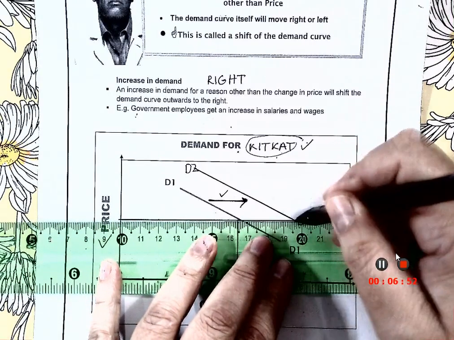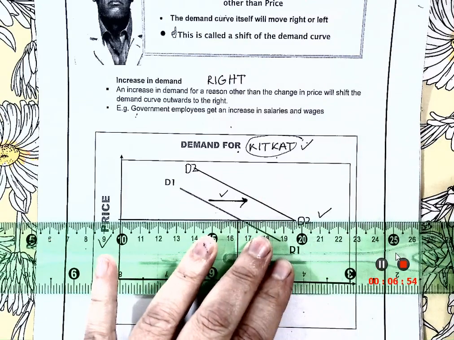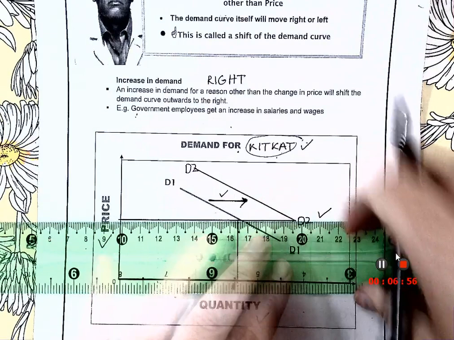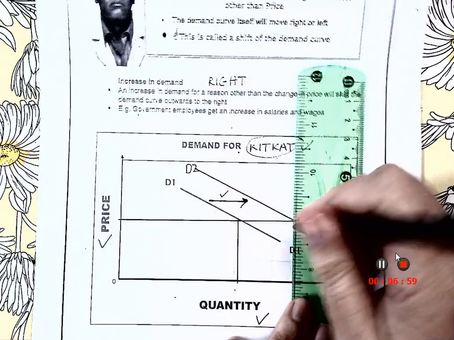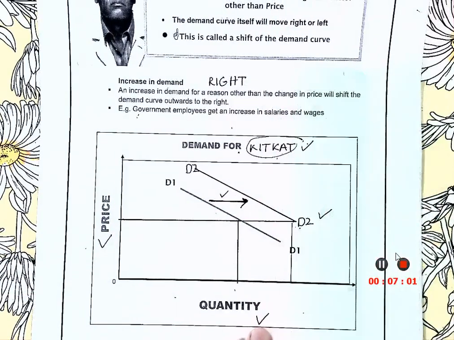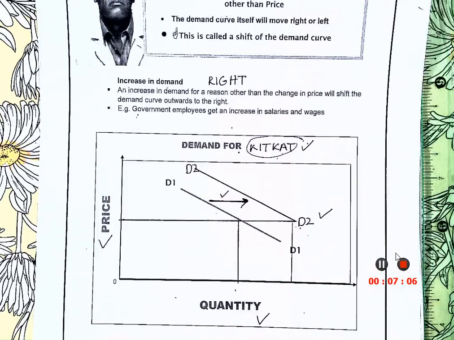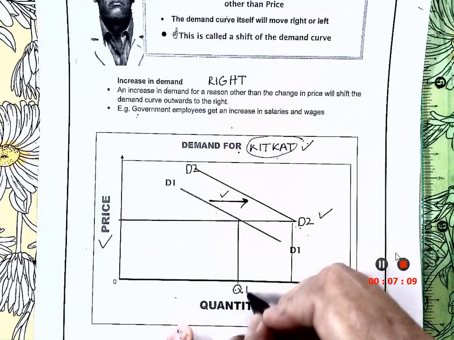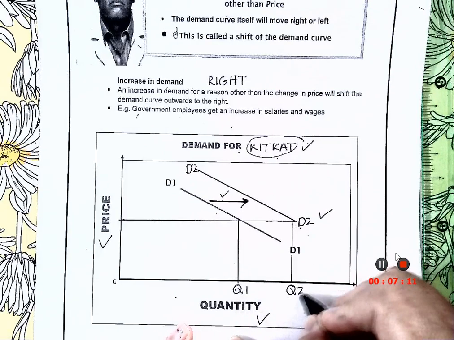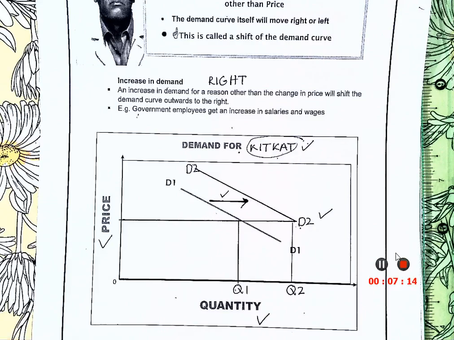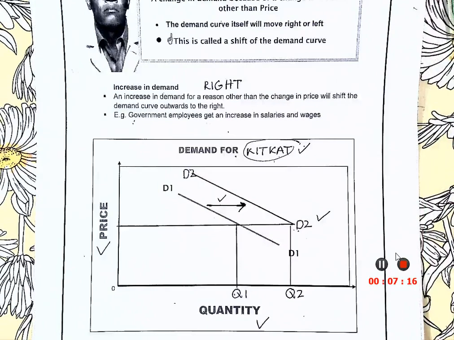But because there was now an advert of Kit Kats and everybody wants to buy Kit Kats, what's going to happen to the quantity demanded? It increases, and this is how I will show it: Q1 to Q2. Does it make sense? Isn't it beautiful how it works? This is why in economics, when you draw these graphs, they can predict what's going to happen.